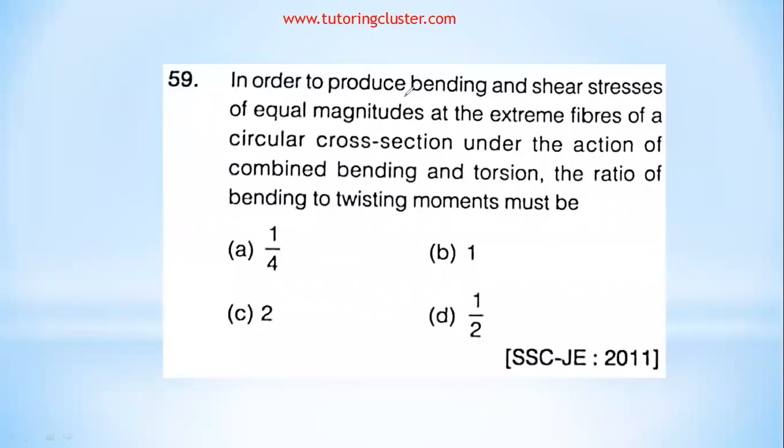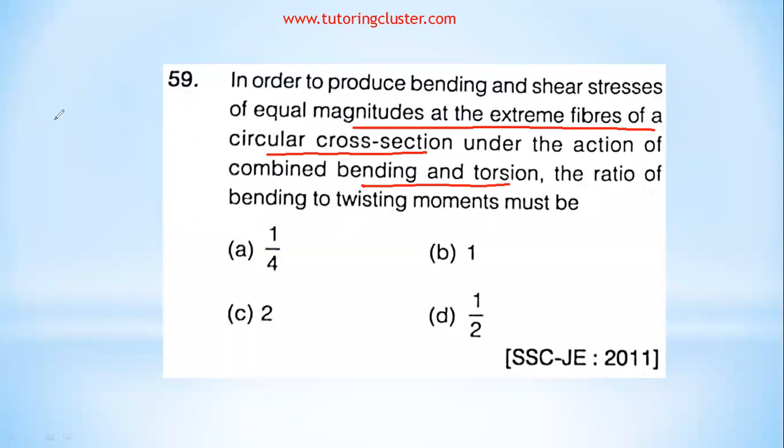59. In order to produce a bending and shear stress of equal magnitude at the extreme fiber of circular cross section under the action of combined bending and torsion. So this is the problem based on combined bending and torsion. The ratio of bending to twisting moment is? So what we want? We want equal magnitude of bending stress and shear stress.